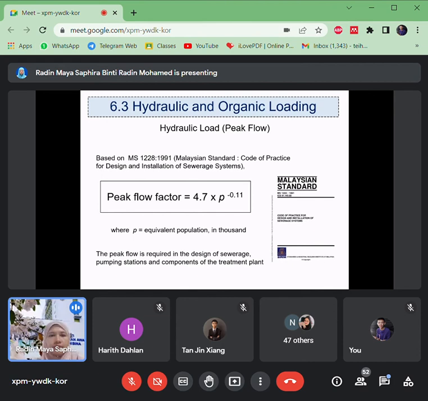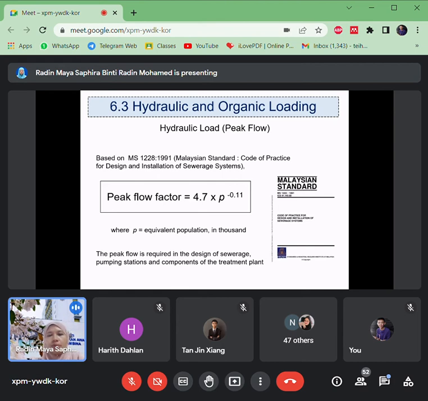First, in order for us to design the wastewater treatment plant or sewage treatment plant, we must know the peak flow factor. As I said earlier, if we want to have a new development area, a residential area in one place, they must provide the STP, sewage treatment plant, right?